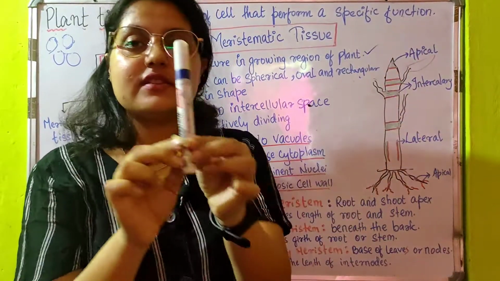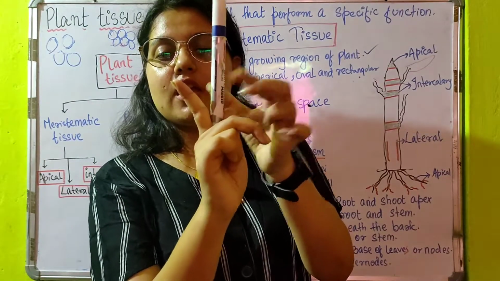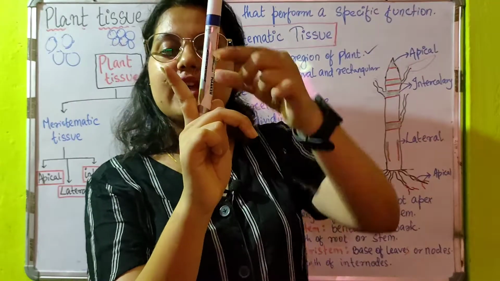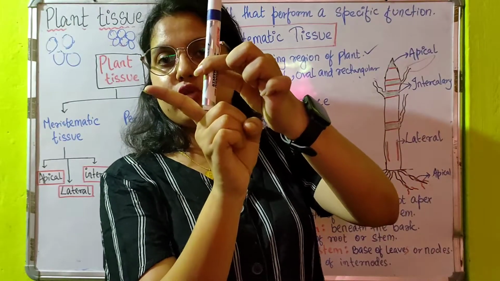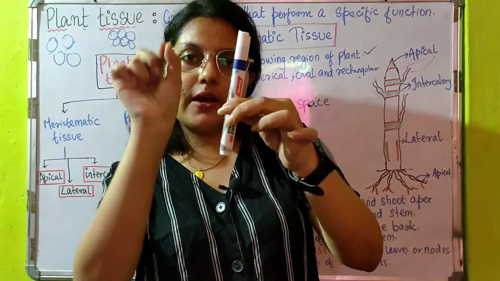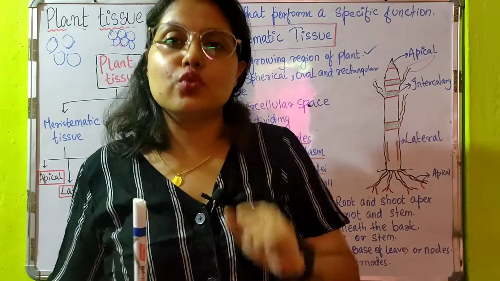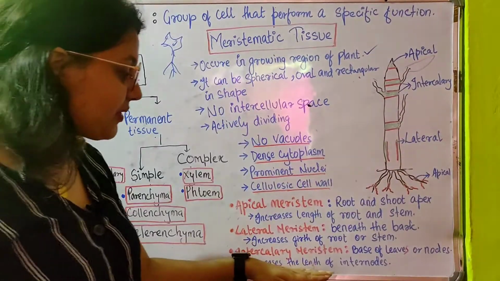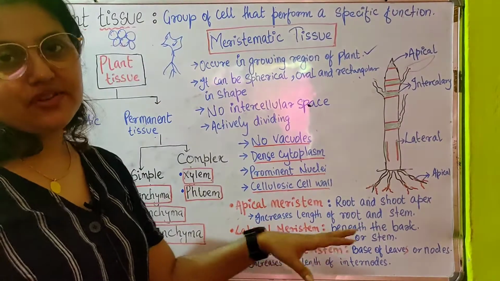At the point from where a new leaf is arising, this point is a node. The point from where new leaves come, a new branch forms, is known as a node. These types of meristem are responsible for the increase in the length of internodes.